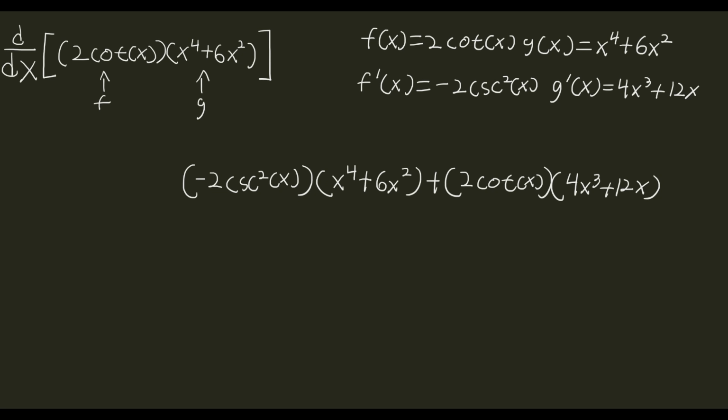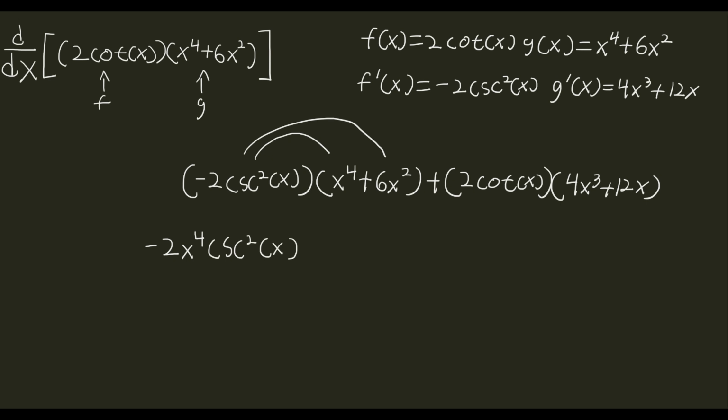We can multiply them together now. Starting with the left-hand side, we could do distributive property. Negative 2 cosecant squared x times x to the fourth is negative 2x to the fourth cosecant squared x.